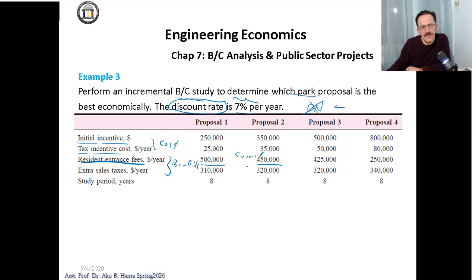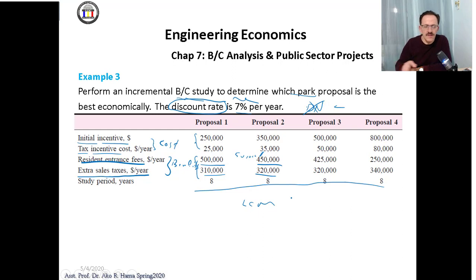It means this is a benefit. And extra sales per year, so as much more sales that you have, as much as benefits that you have. So here are two costs, here are two benefits, and that's it. The projects are all of the same service size, so we don't need to have LCM.